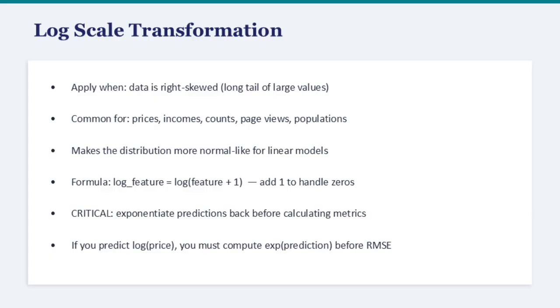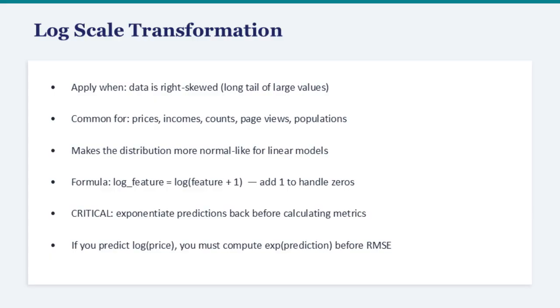Now here is a critical exam point, and this appears in the exam outline explicitly. If you log transform your target variables during training, you must exponentiate your predictions before calculating evaluation metrics. Think about it.